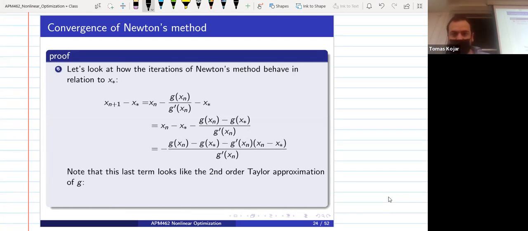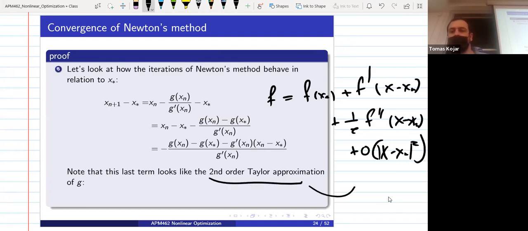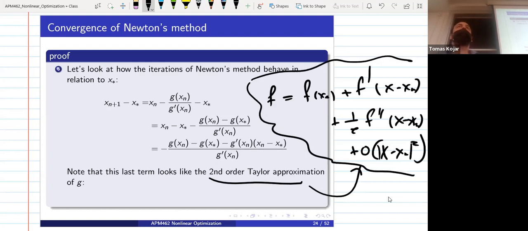Remember, it was f prime plus a half f double prime plus O of x minus x star squared. You have a correction term that is of second order.